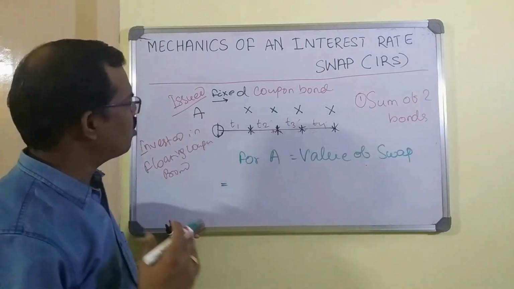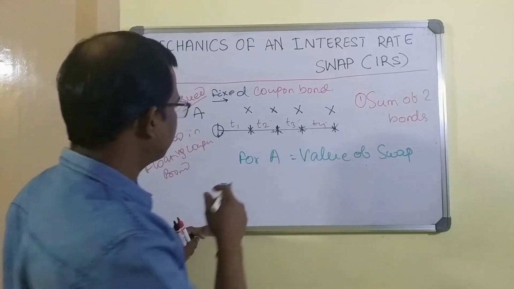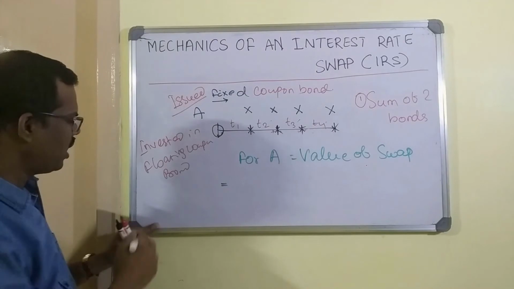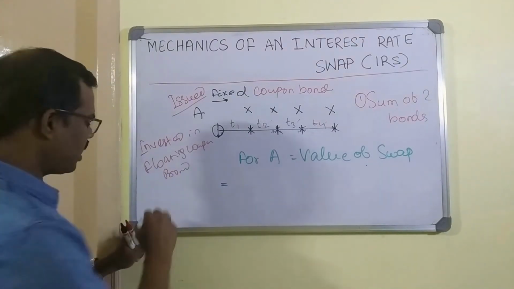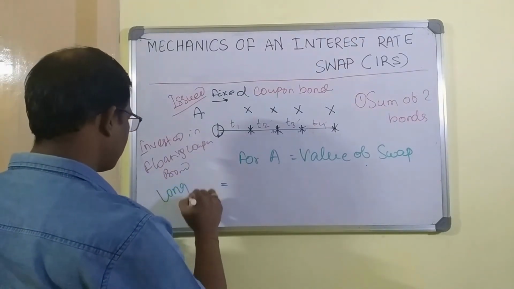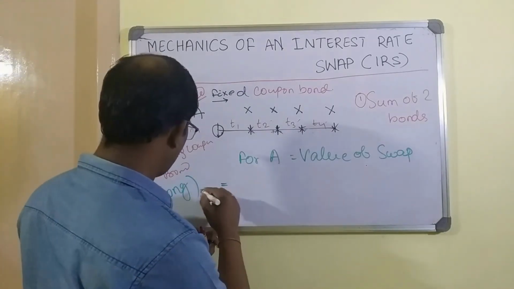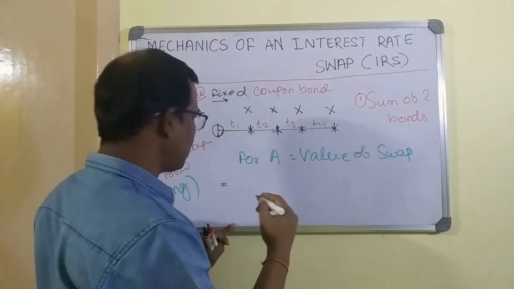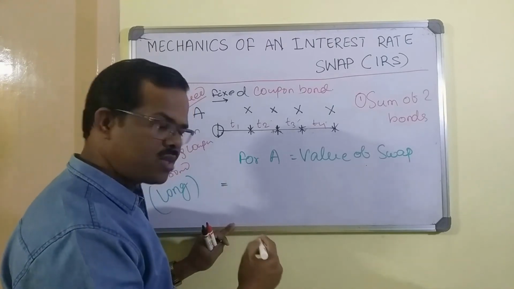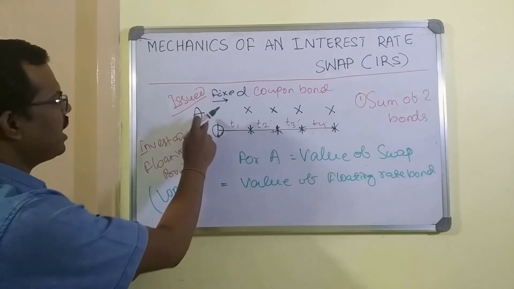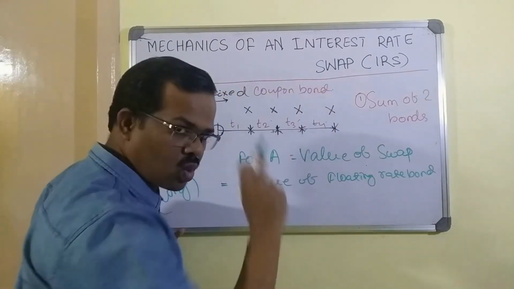For A, the value of a swap will be, it has invested in a floating coupon bond, right? So invested means it is a long position. So on the positive side, I will keep the long position always. So I kept the positive value of the floating rate bond, and A has issued the fixed coupon bond.